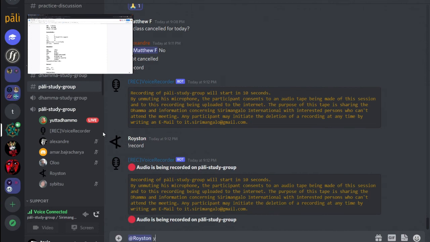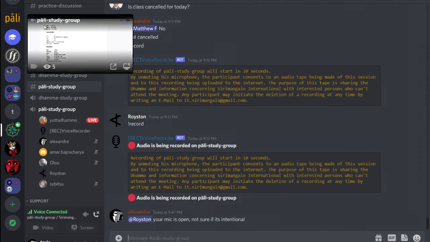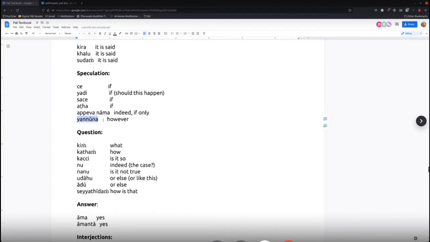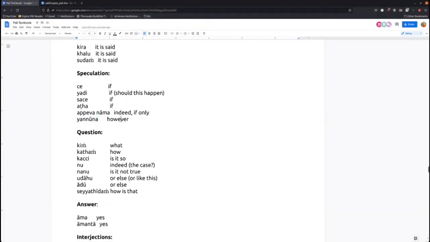You will see it sometimes. I think this is not both, either or. Yena, not so common, but there are places where you'll see it. It doesn't really mean however in the way that it looks here. It's kind of like in any case. Like however it may be.